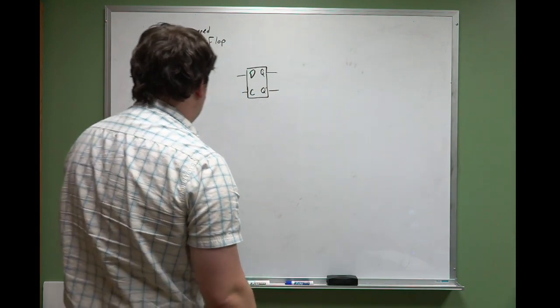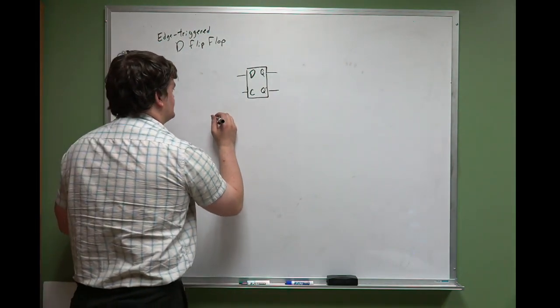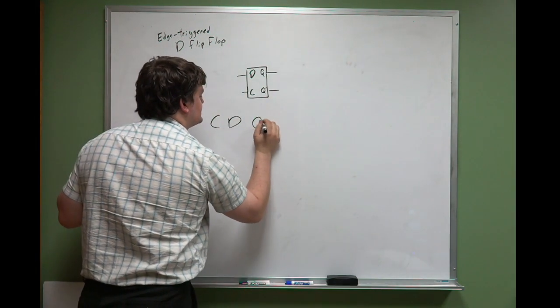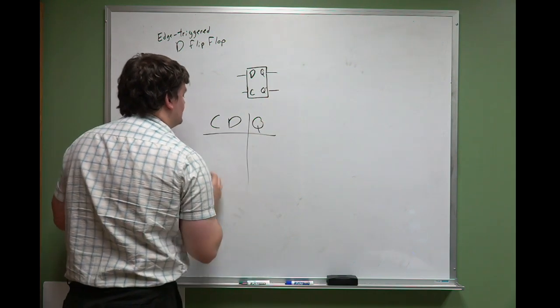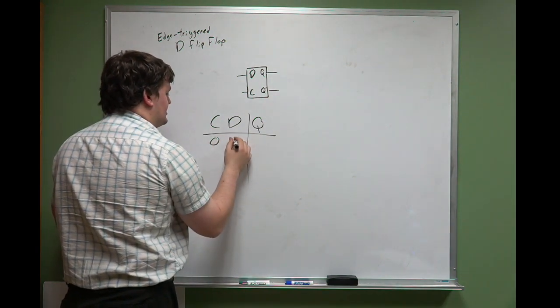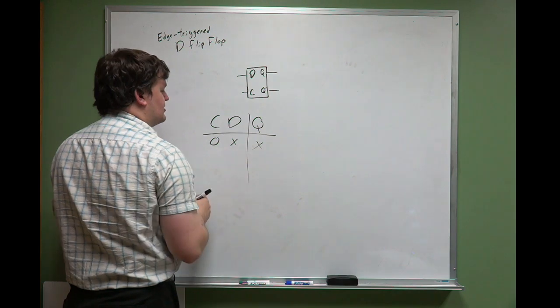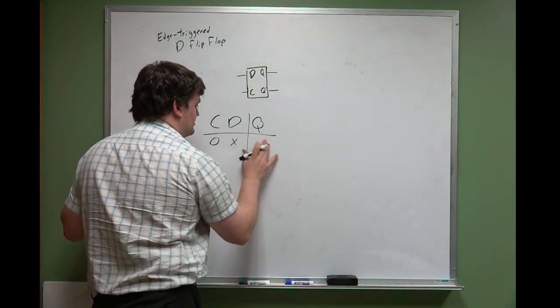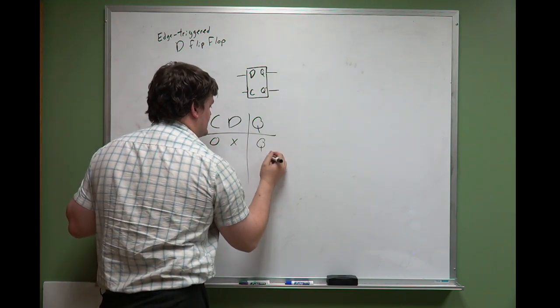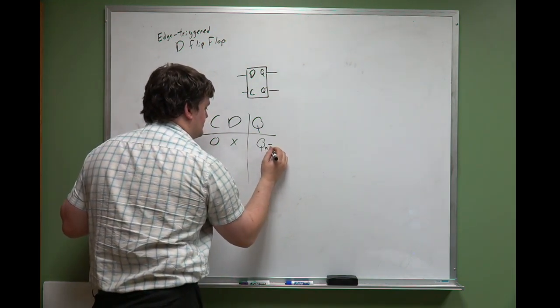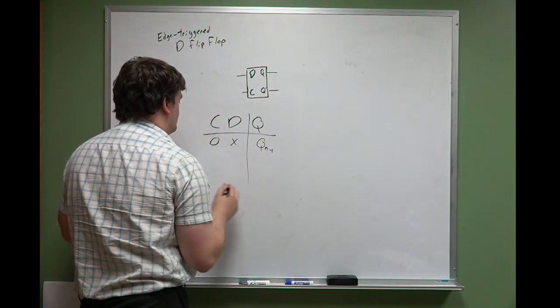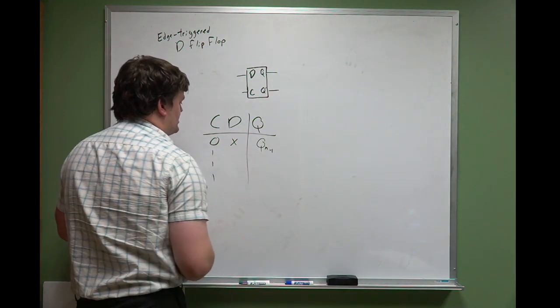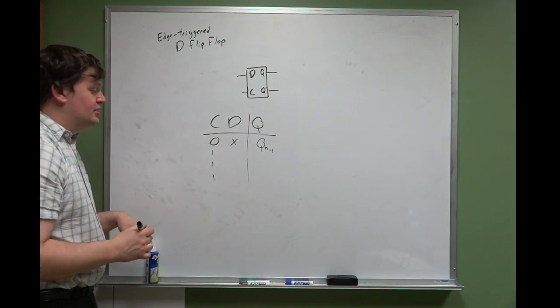Okay, the truth table for this is C, D, Q. If C is 0, it doesn't matter what these are, nothing is going to change. So that means Q is equal to Q, whatever the value was before. The rest of these, the clock has to be 1.